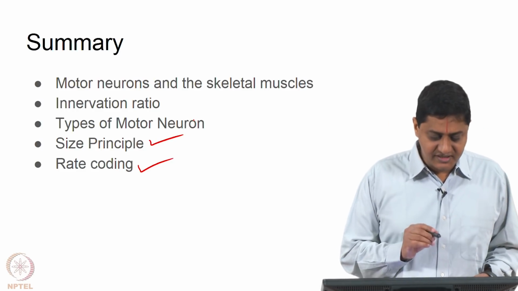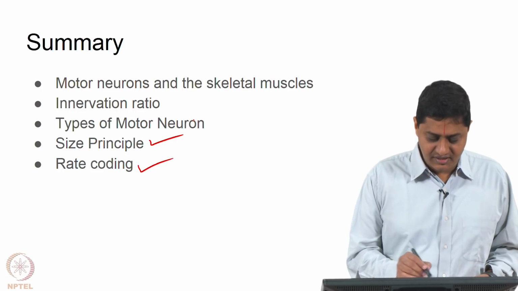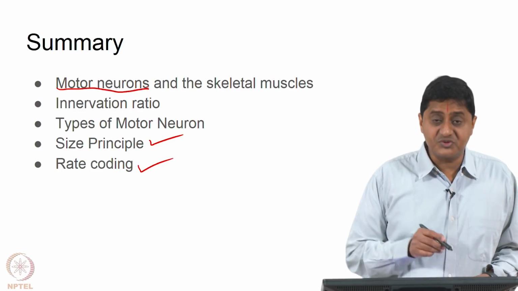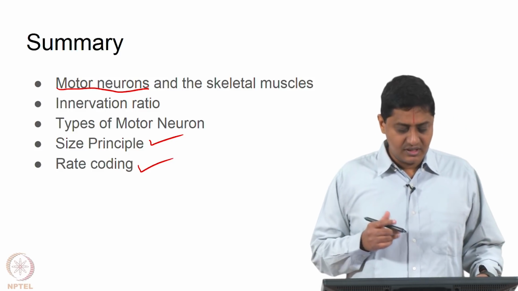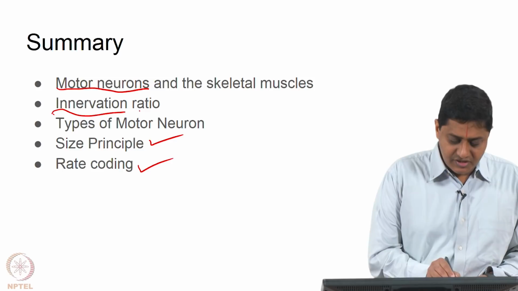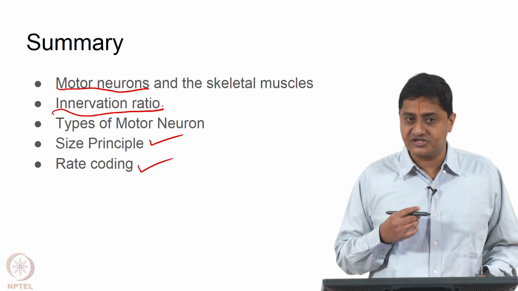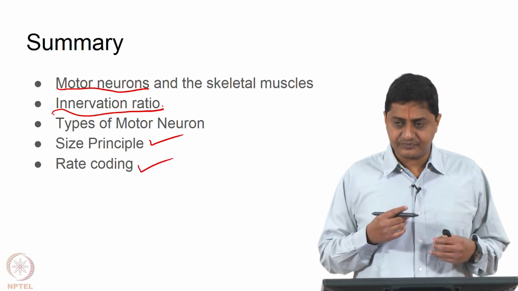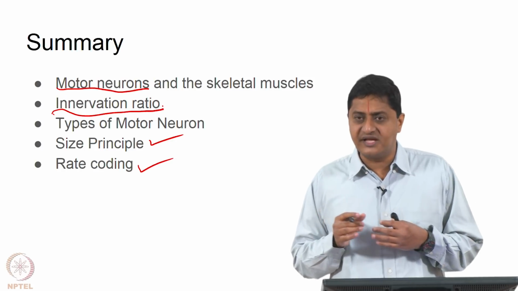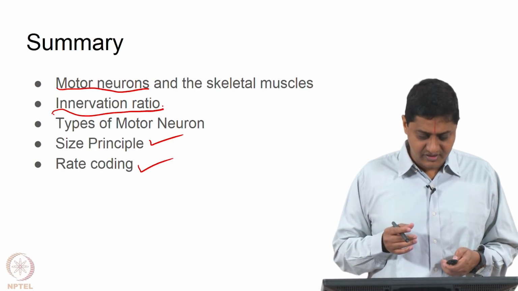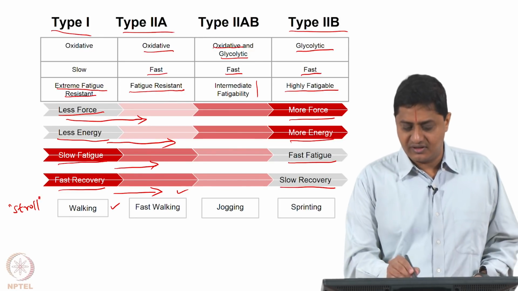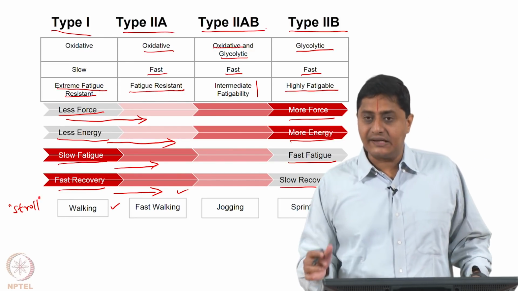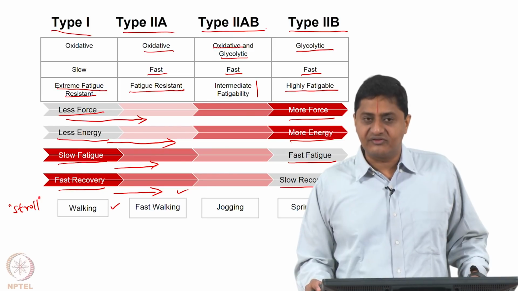What we have seen in today's class is motor neurons, types of motor neurons, motor units, the types of motor units, the importance of innervation ratio and how that affects function, and how different classes of type 1, type 2, etc., units or fibers can lead to different function.